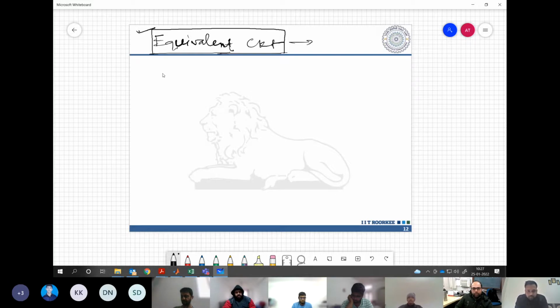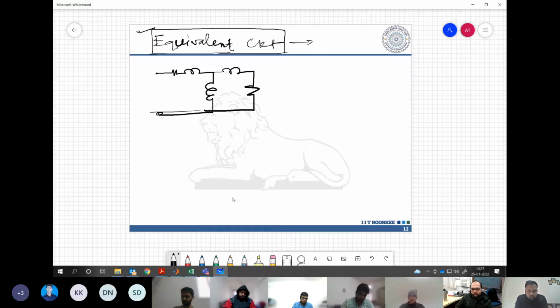So we know that for squirrel cage induction motor, we have the equivalent circuit given as this, right? The quantities also you know very well. Yeah, so can you tell what is RS?